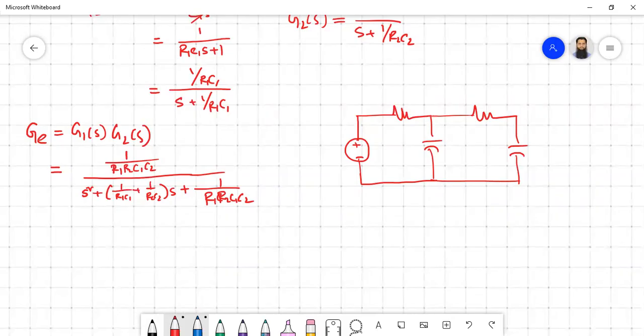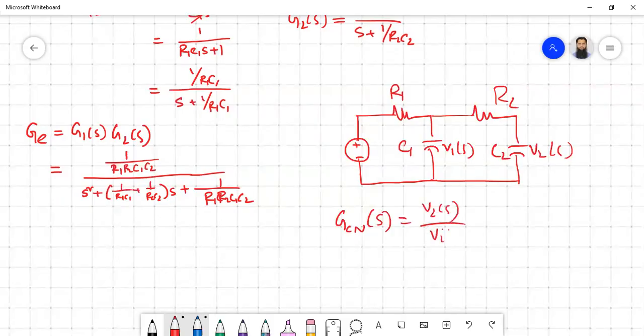Okay, so this is your R1 C1, this is your V1(s), this is your V2(s), this is R2 C2. Now if you find the transfer function of this connected network, G(s) will be V2(s) by Vi(s).